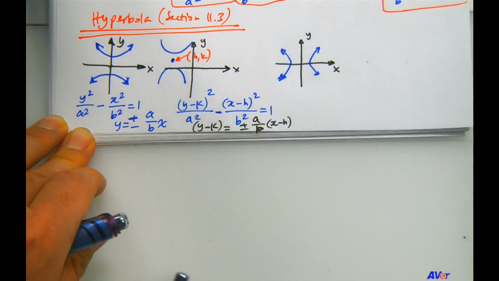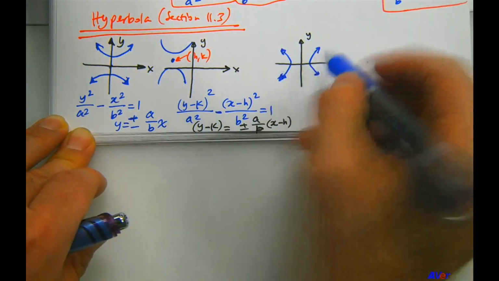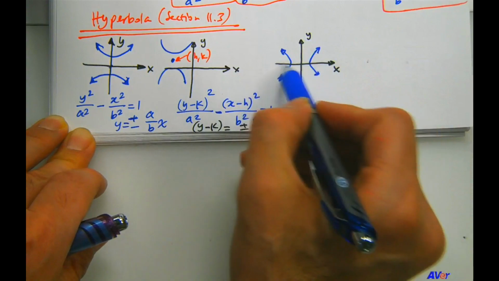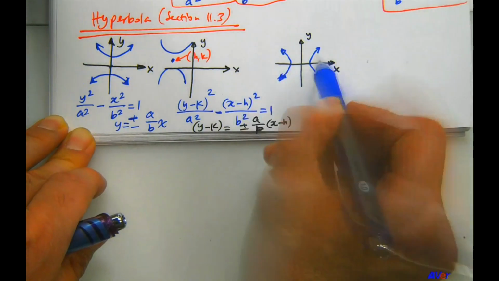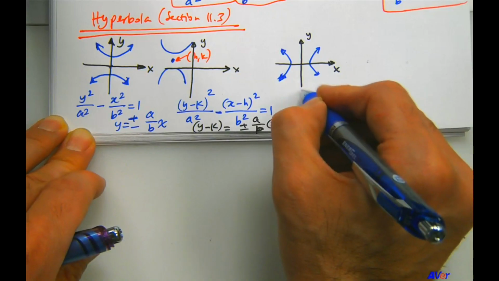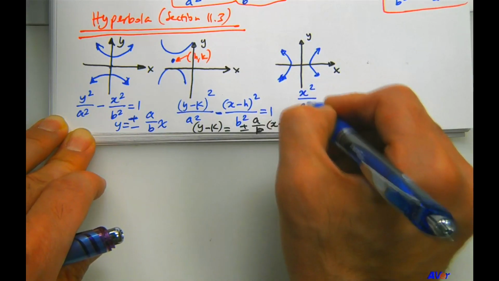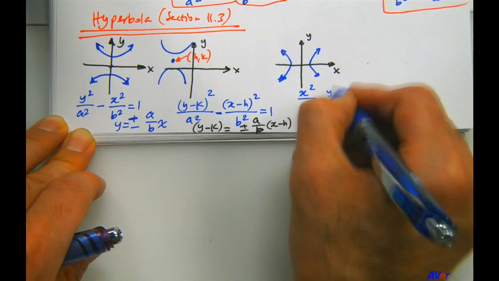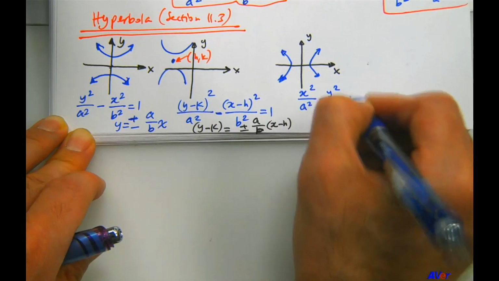So we said that the formula for this, and notice that the vertices are along the x-axis, is x squared over a squared minus y squared over b squared equals 1.